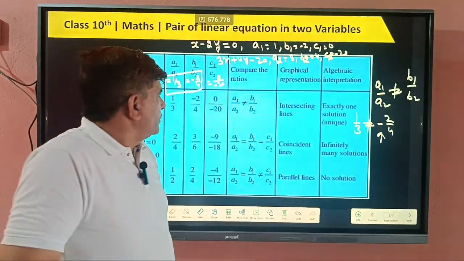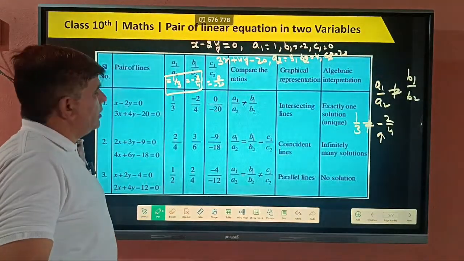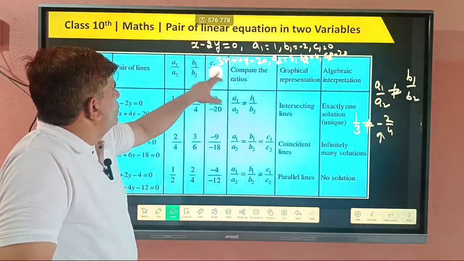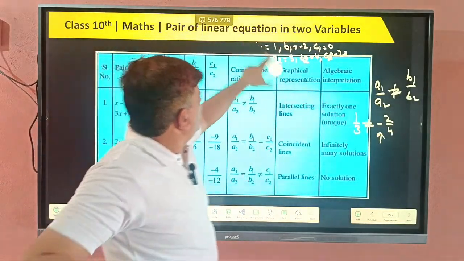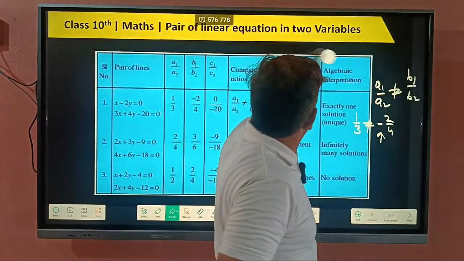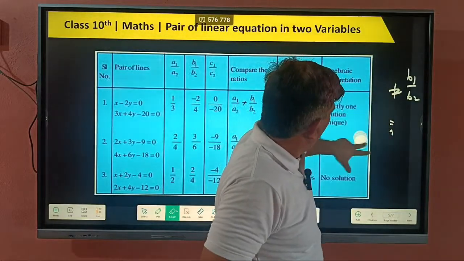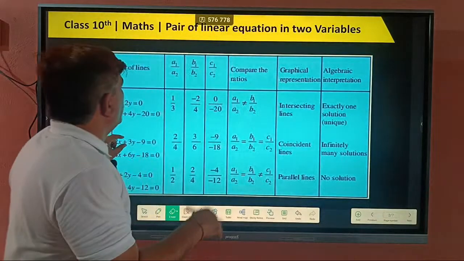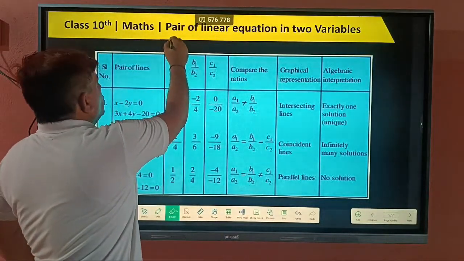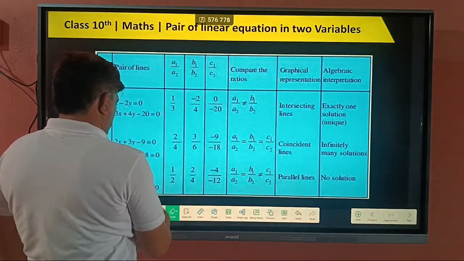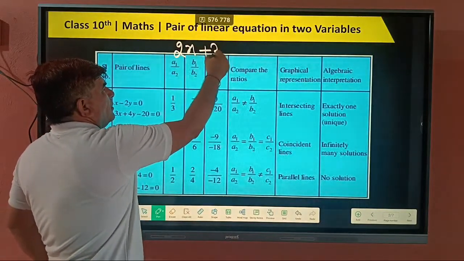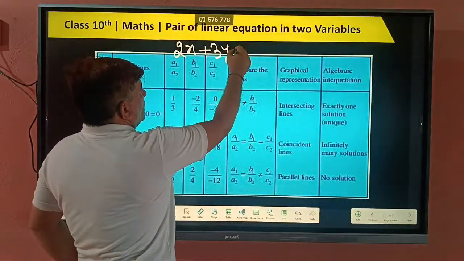Yes or no? Then another equation is given to you. So this is another example: 2x plus 3y minus 9.